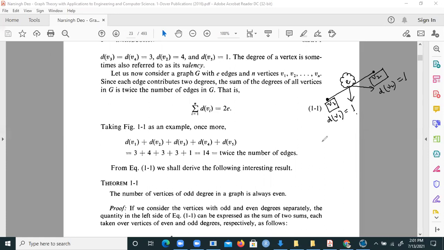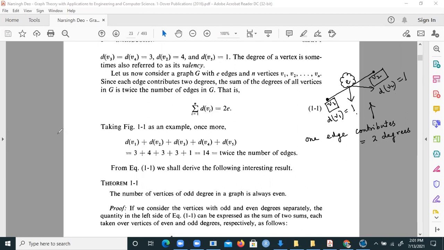So if I write it in the following manner, one edge contributes 2 degrees always. As you can see from here, one edge contributes 2 degrees.